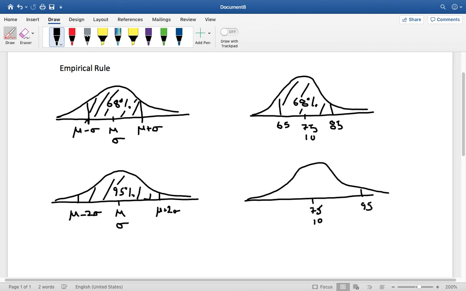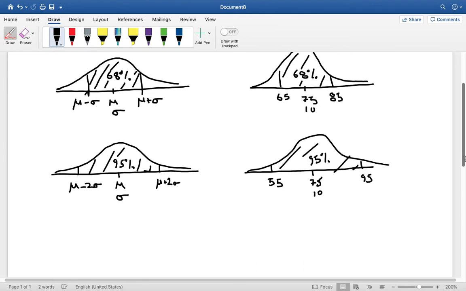And if I say the mean minus 2 standard deviations, it's going to take me down to 55. And according to this empirical rule, 95% of my students will get scores ranging from 55 to 95 in here.